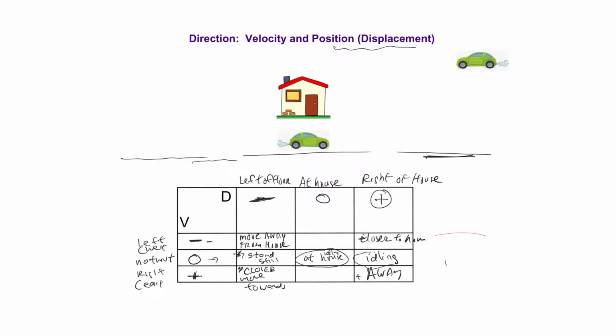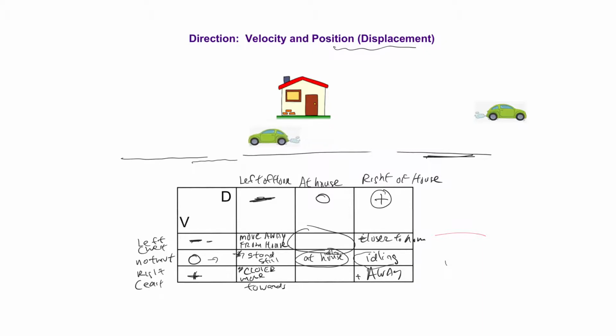Now, what about the top one here? The car is at the house, but the velocity is negative. Velocity negative means that the car is heading in which direction? It's actually moving left. As it's moving left, the displacement is positive, but right at this moment, right here, is where the car is at the house, but it's still moving towards the left.